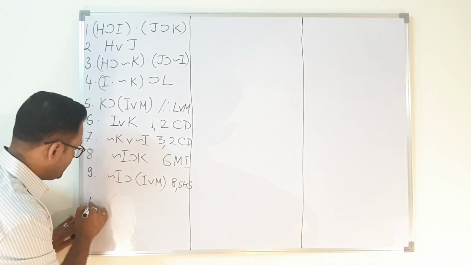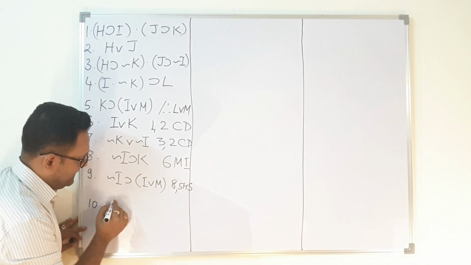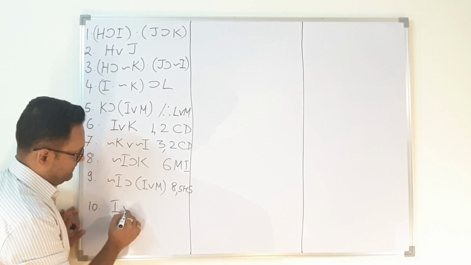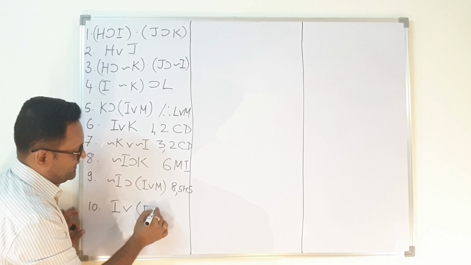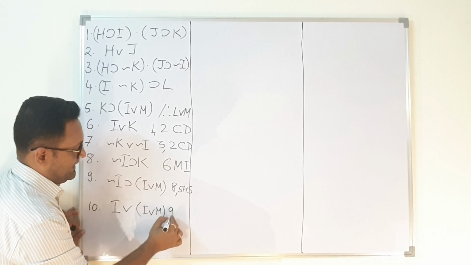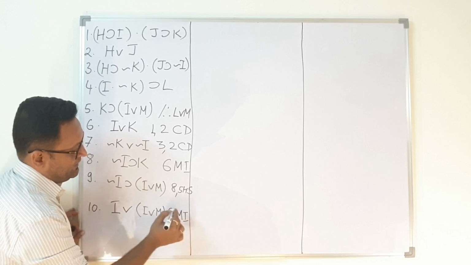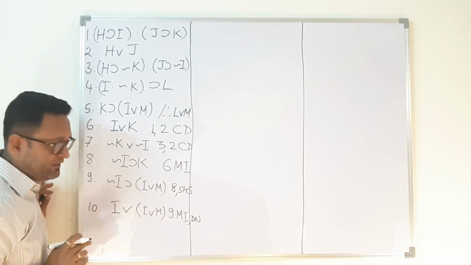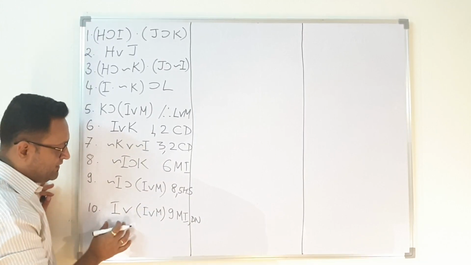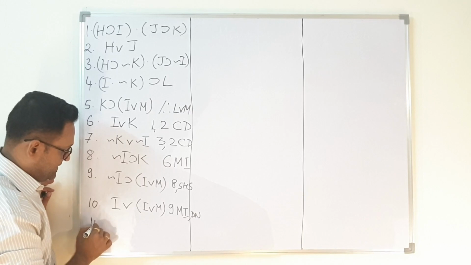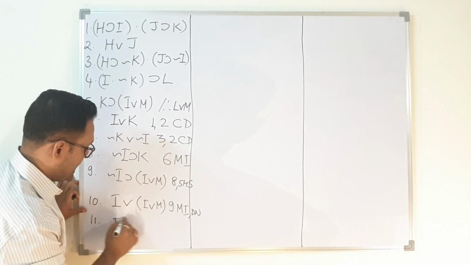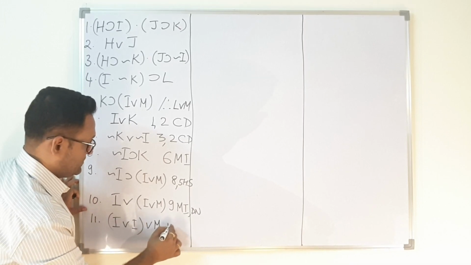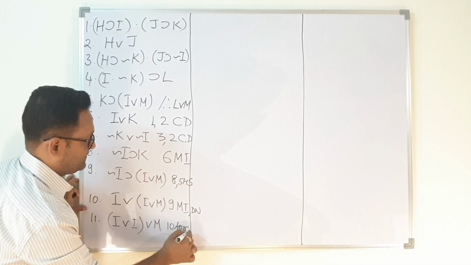Okay, so if I solve it a little bit more, I will get I wedge M by applying material implication on 9. It is also double negation, because I must be creating another negation over here, right? So I have written this, and if I write it as I wedge M, I have applied association, right?